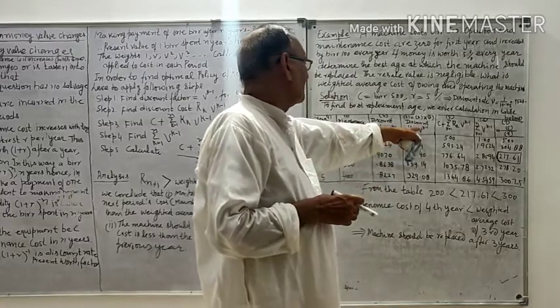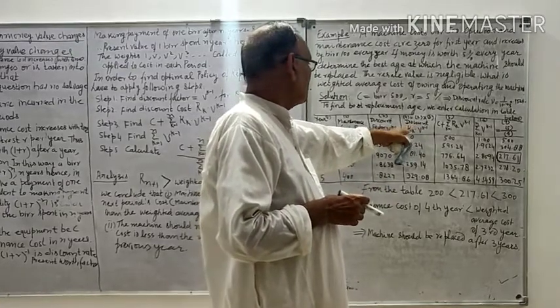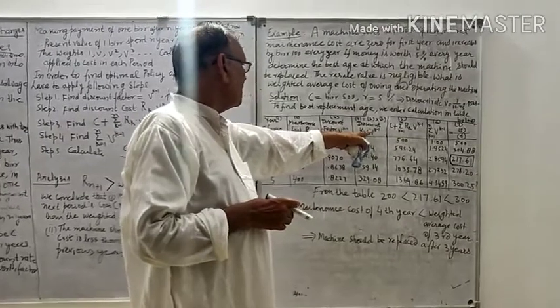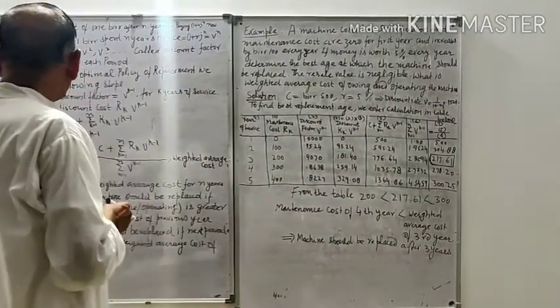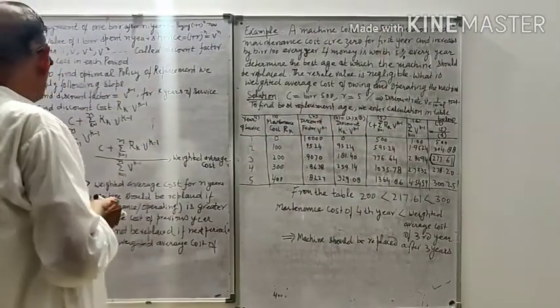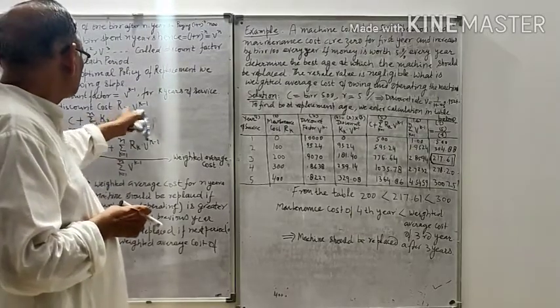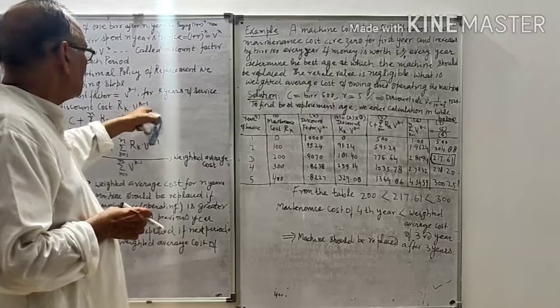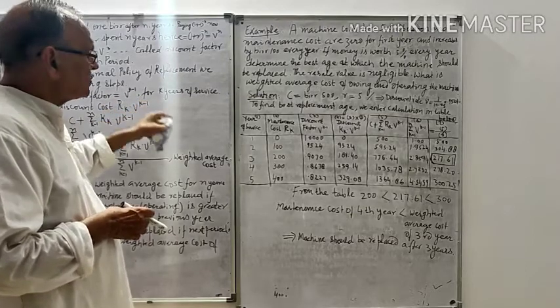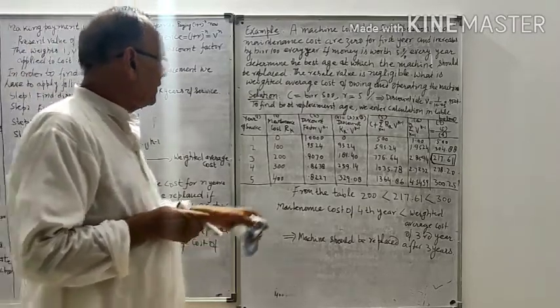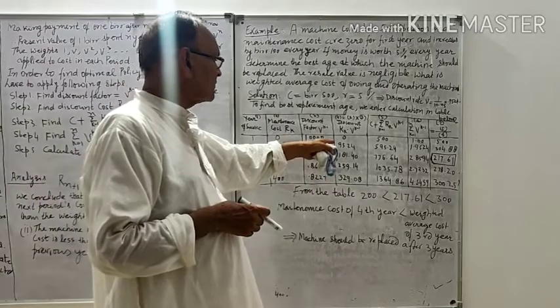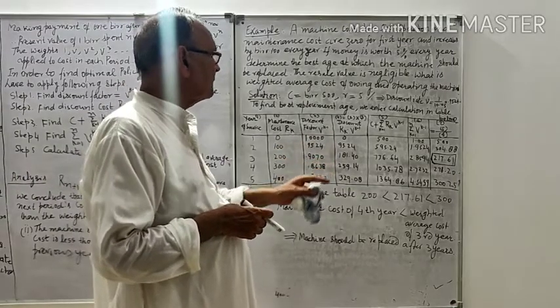Or discount Rk into V raised to the power k minus 1, for the first year, second year, third year, fourth year, fifth year.